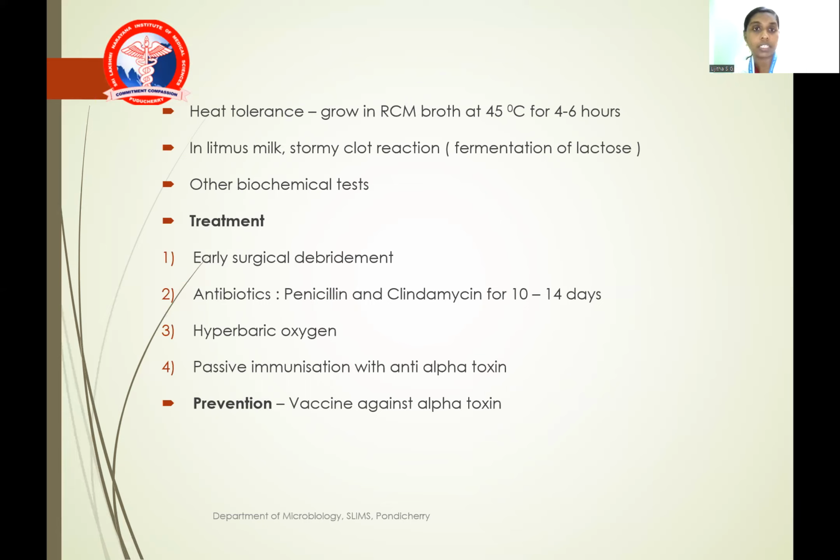Immediately on clinical suspicion, we have to start treatment for Clostridium perfringens. Coming to the treatment, the most important thing is early surgical debridement and a wide zone of clearance. That is, we should remove all the devitalized tissue completely, and we should delay the wound closure for 4 to 6 days.